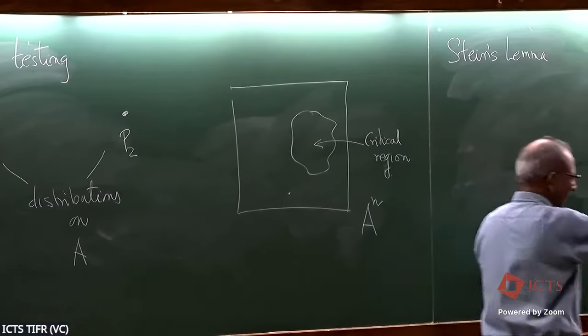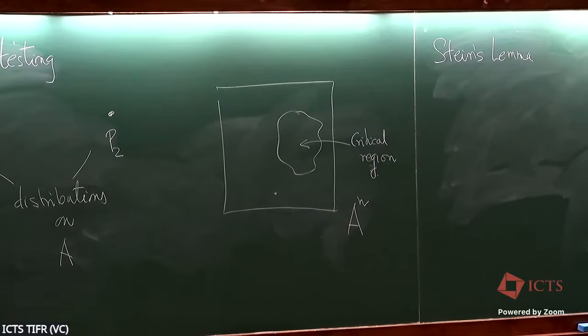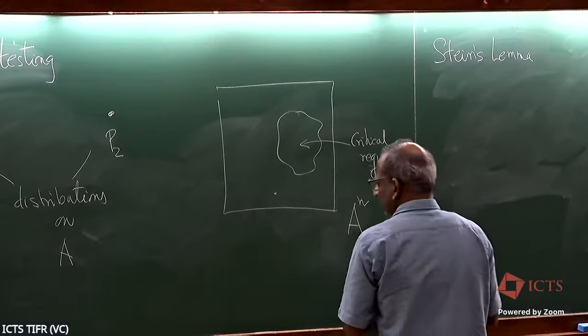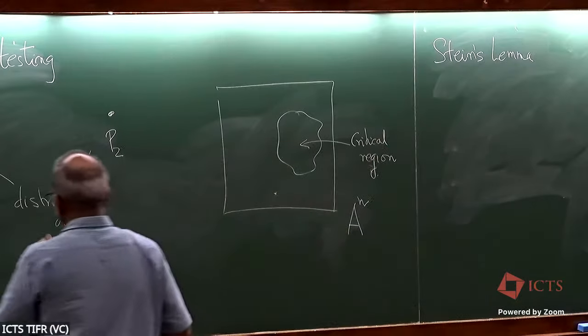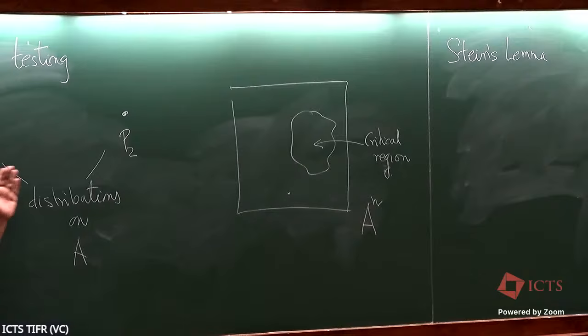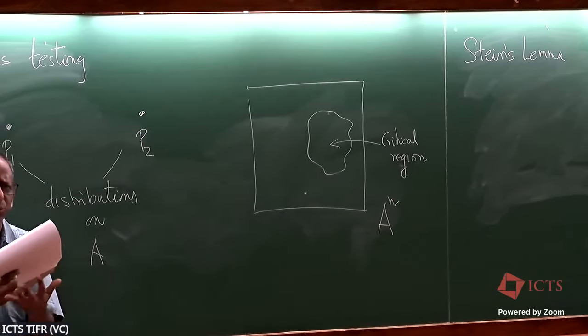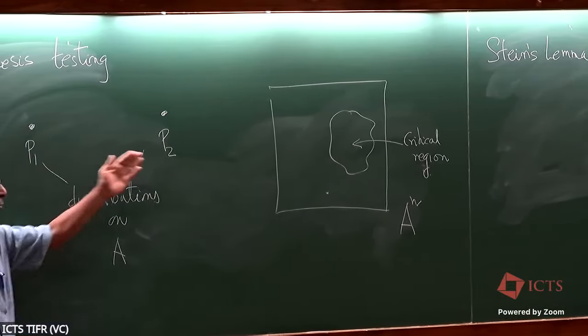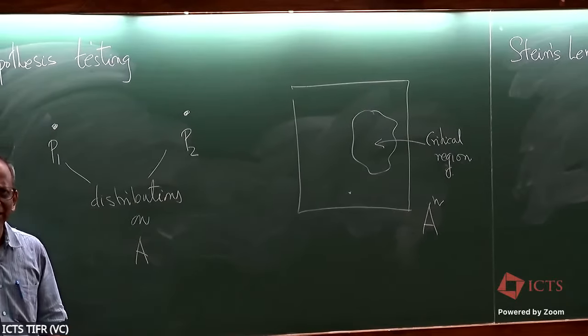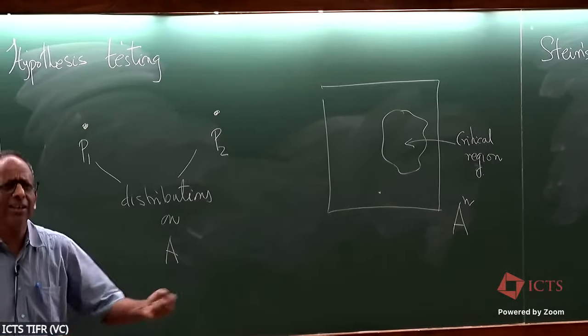It looks very similar to Sanov's theorem, but here we have two things instead of one. So if these two distributions are very similar to each other, then it is clear that it will be much harder to distinguish them.